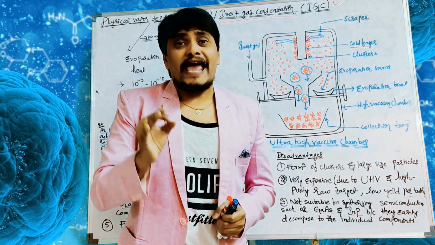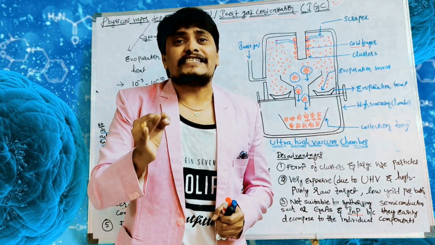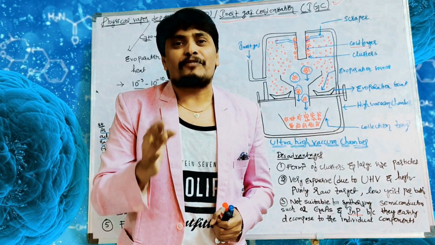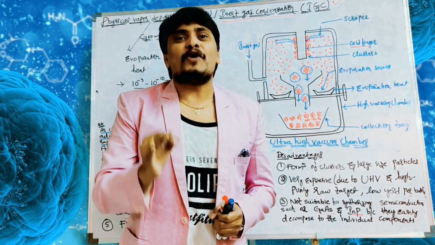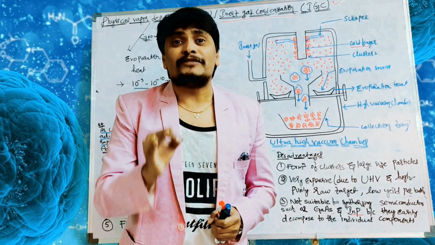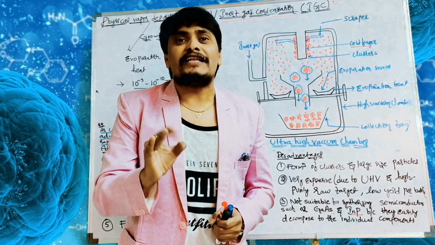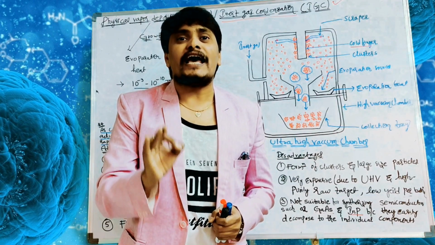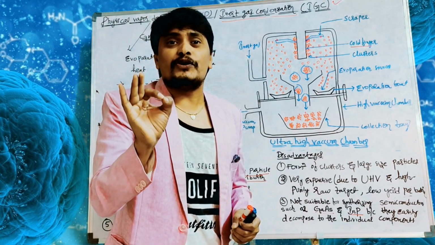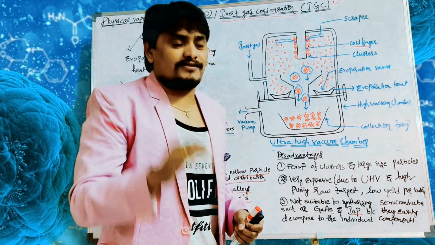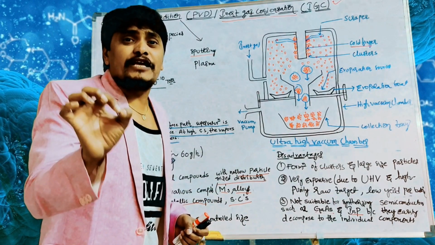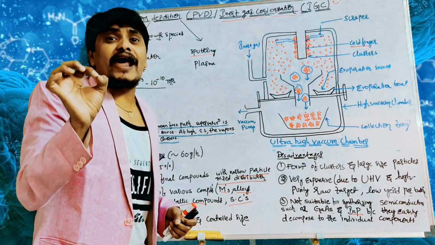Since it utilizes energetic ions, this sputtering process is especially used to remove growth species from high melting point materials such as ceramics and refractories, because in sputtering we use highly energetic ions or fast ions.